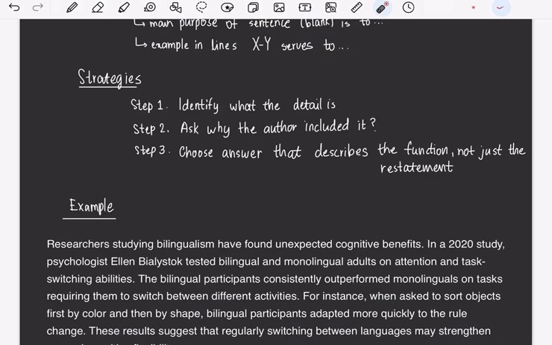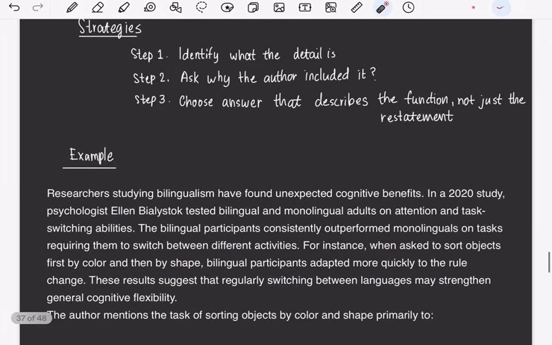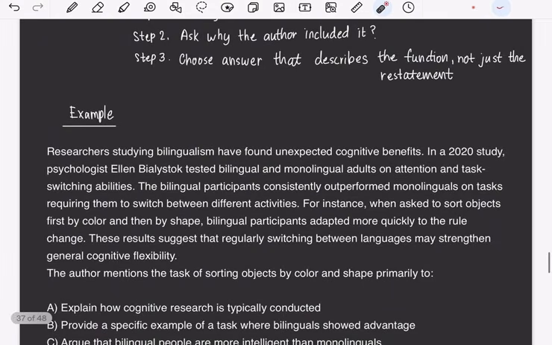The next one is to choose the answer that describes the function and not just the content. It's not just a restatement. A function again is the purpose of what your answer is, not just a restatement of the answer. This is a very common thing that you can find in the wrong answers. So just keep that in mind.